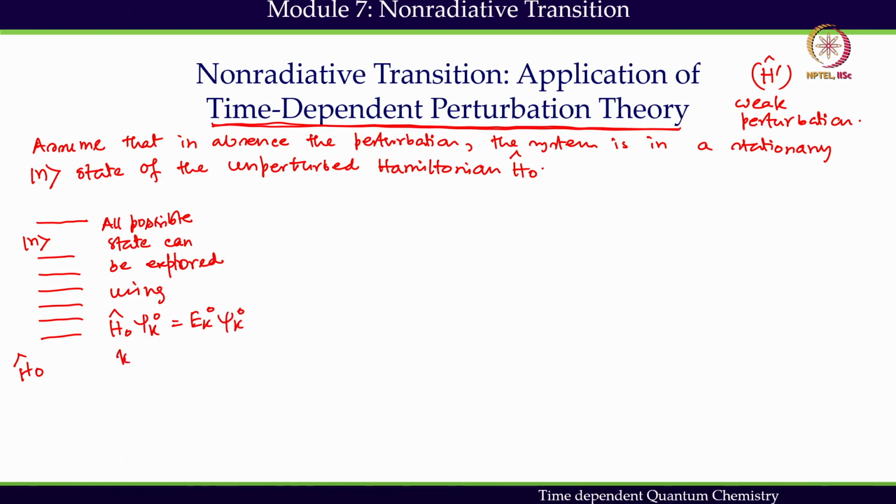Here k starts from 0, 1, 2 and so on, and one of the states is the discrete n state. This is the eigenstate of the system, and this is the eigenenergy, the energy of the corresponding eigenstate.